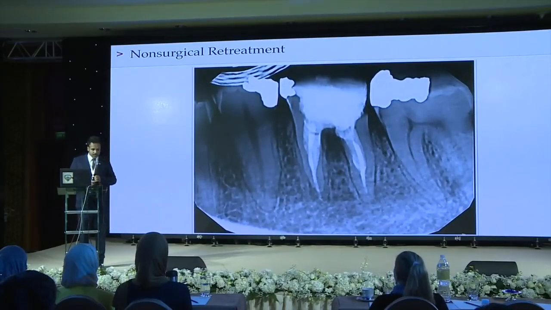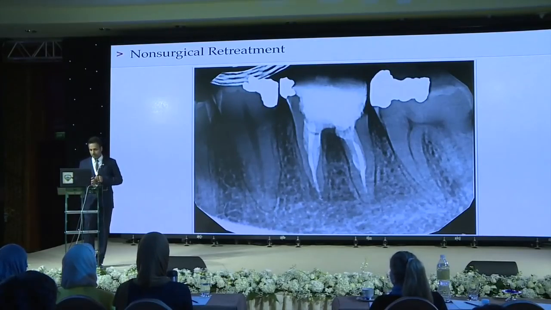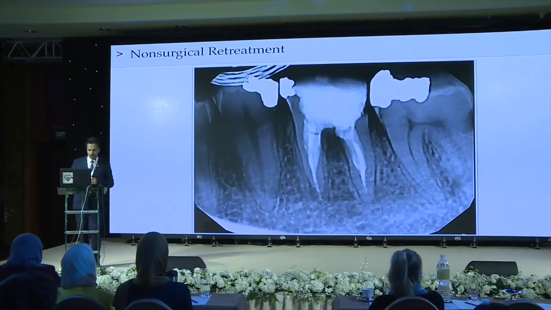With this case, I'm going to probably do a retreatment for 3 reasons. The first reason is we have 3 problems with this tooth. There is a coronal leakage, as you can see from the distal part. There is also a perforation.